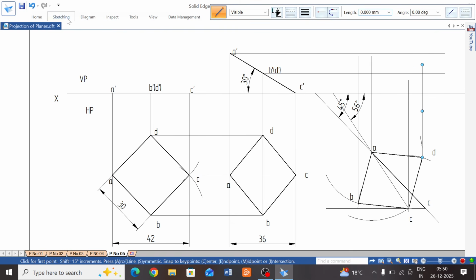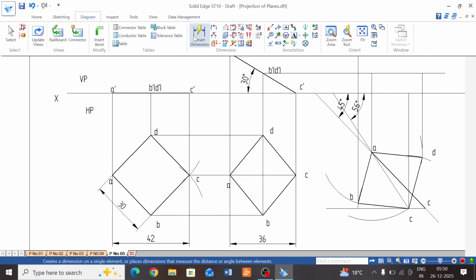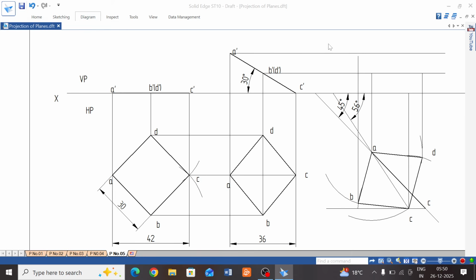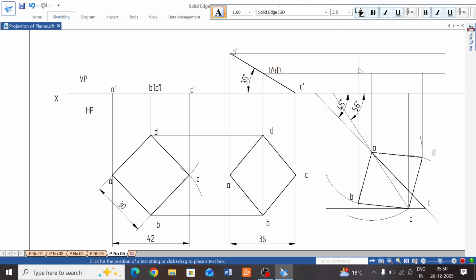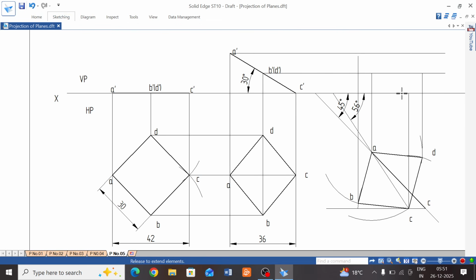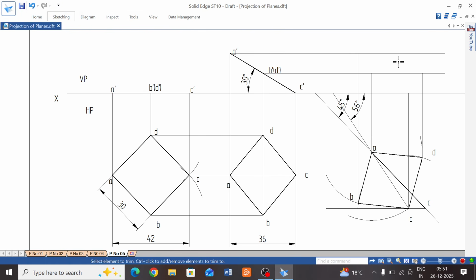Okay, now those points you mark it using, write those A dash, B dash, C dash and D dash. Okay, this apex point is A. Exactly up to those line you have to project, and you can erase this line, unwanted line.